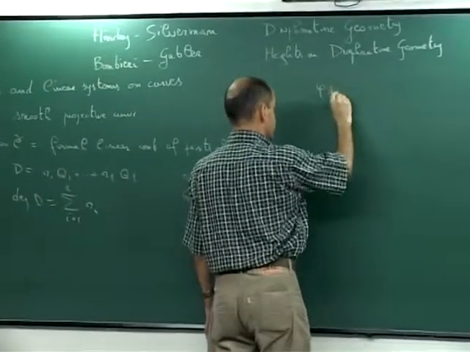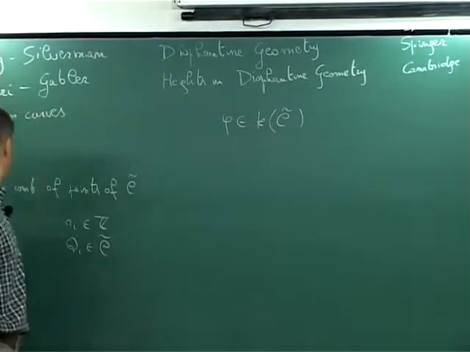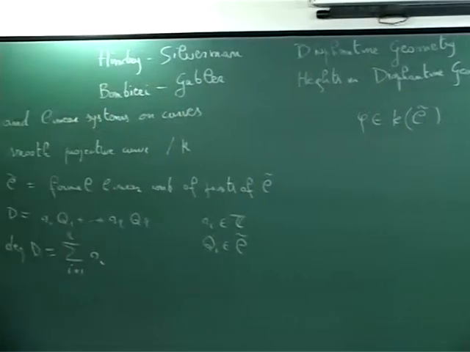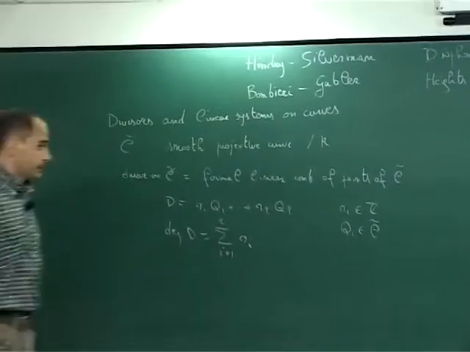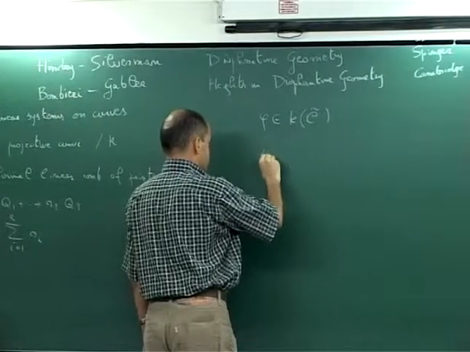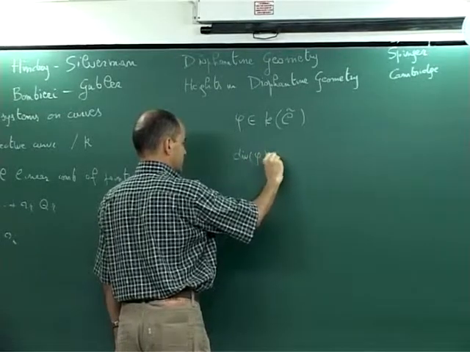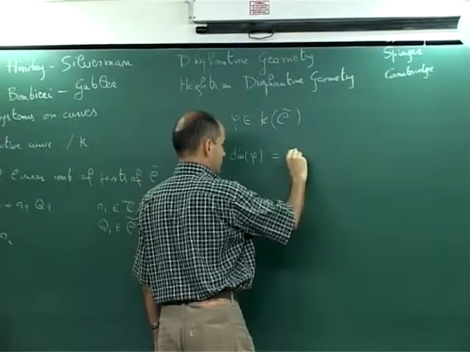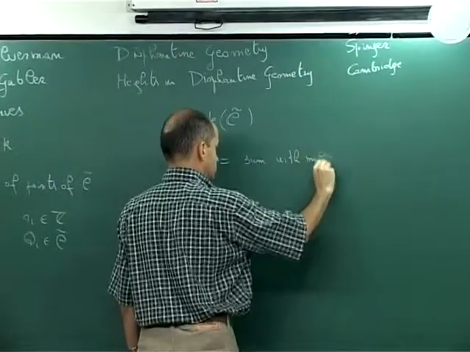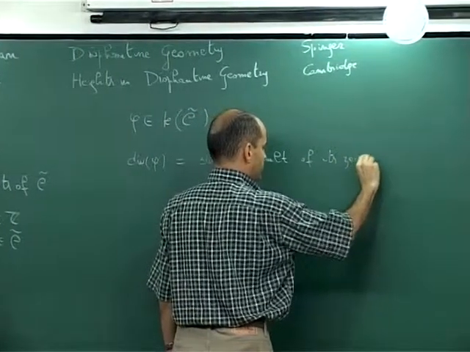For a rational function phi, K being the field where it is defined, the divisor of phi is the sum with multiplicities over its zeros and poles.